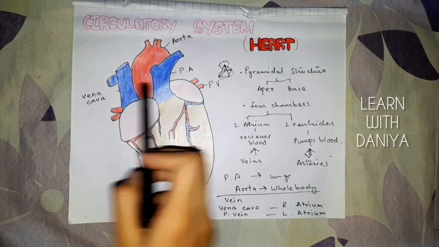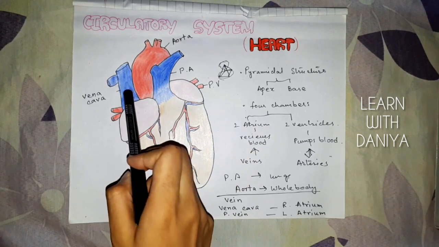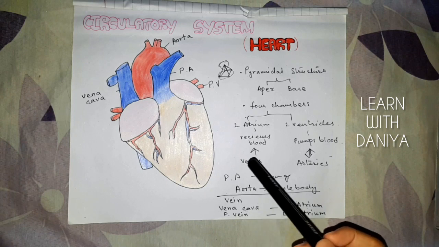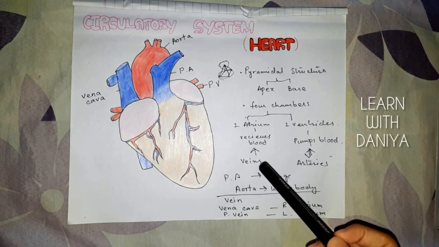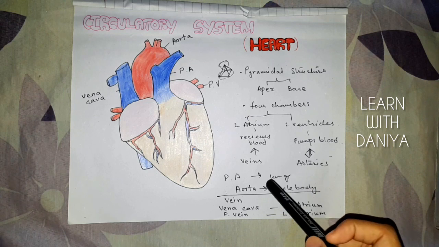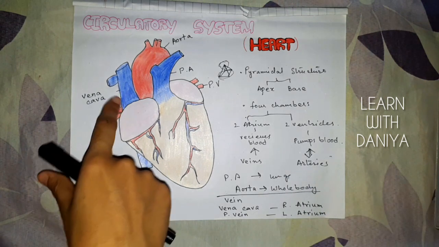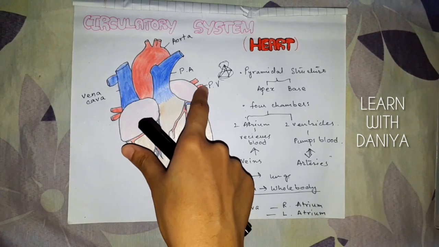And these two, this blue one and this red one, are veins. Veins take blood from the whole body and open into the atria. Veins take blood towards the atrium. Among the veins we have the vena cava and the pulmonary vein.